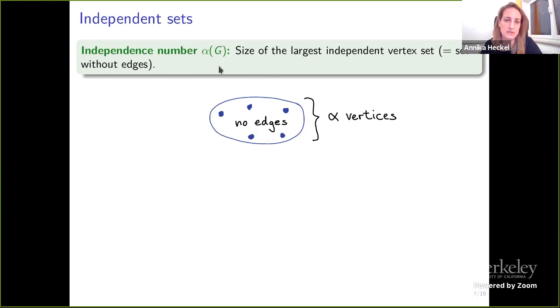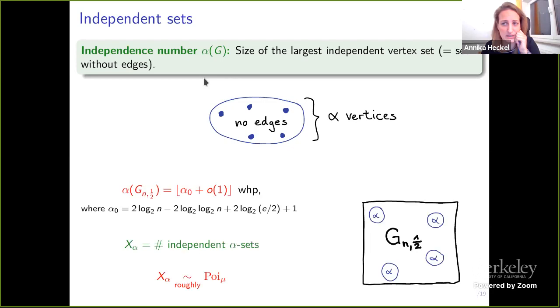And the independence number of a graph, which we denote by alpha, is just the size of the largest independent vertex set. Now, independent sets are much more local than the chromatic number, where you have to look at every vertex, and that makes them a lot easier to study in random graphs.